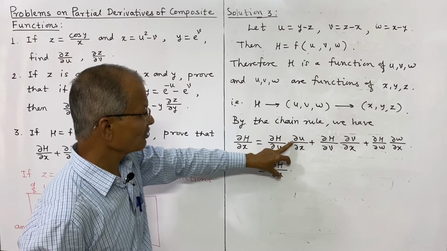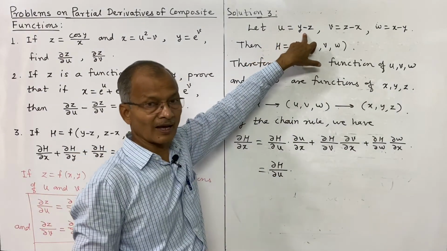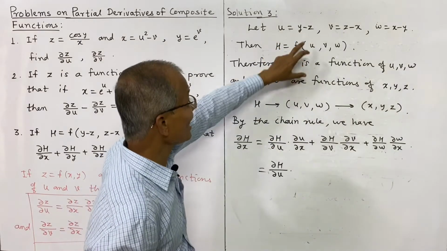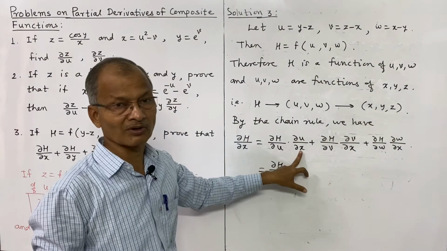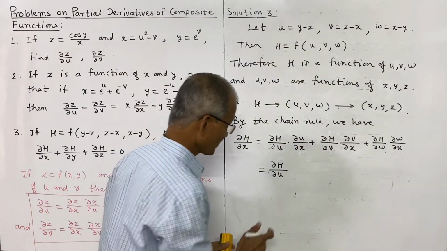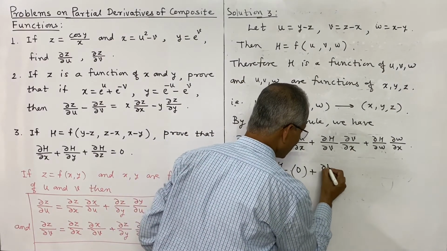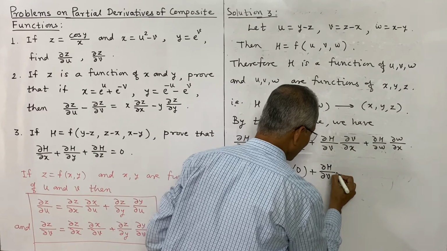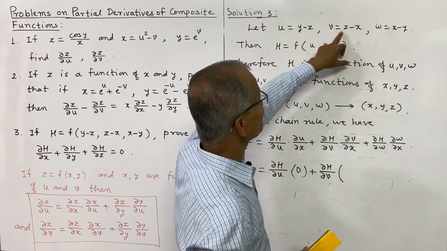What is the partial derivative of u with respect to x? U is y minus z, and x is constant. See, y minus z, y and z are constant when we differentiate partially with respect to x, and therefore this derivative of u with respect to x will be 0 because y and z are constants. Plus dou h by dou v, this will be as it is, into dou v by dou x, partial derivative of v with respect to x.